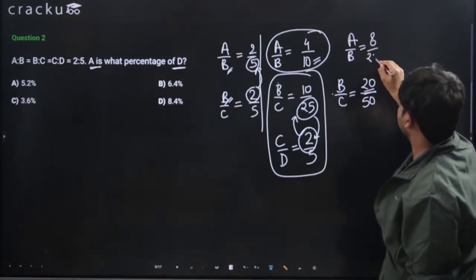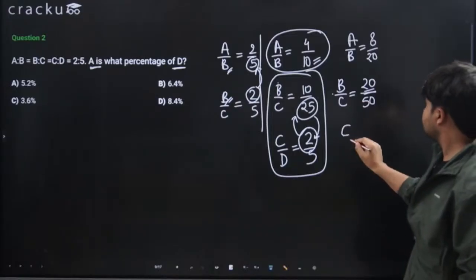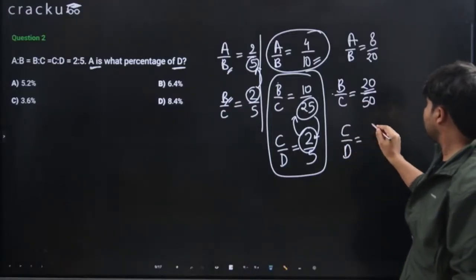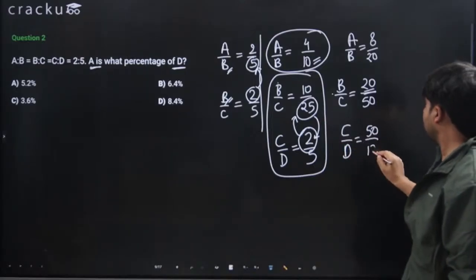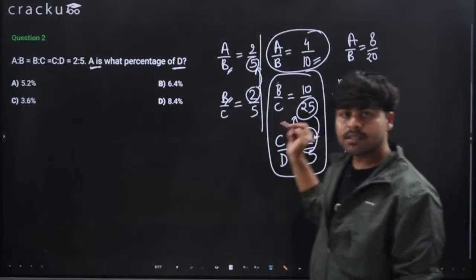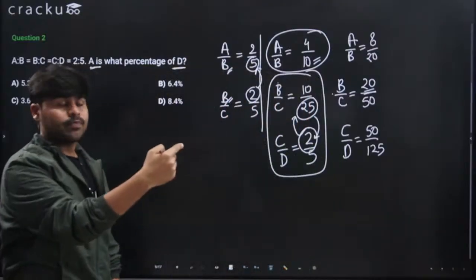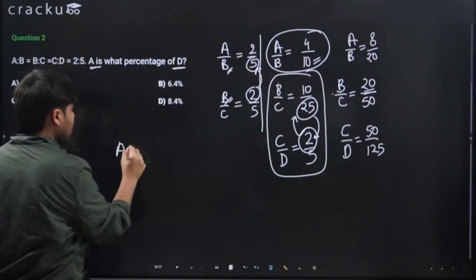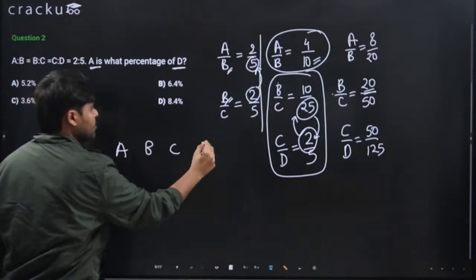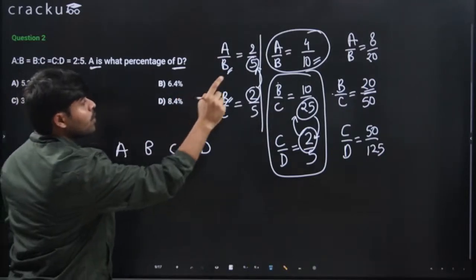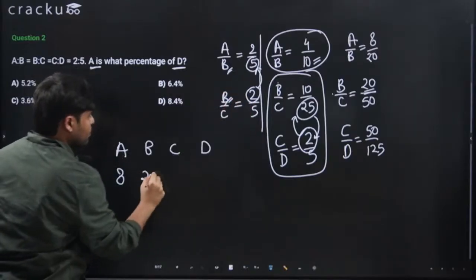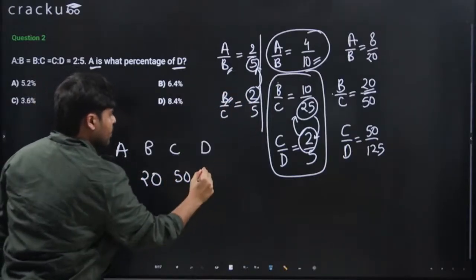We have multiplied by 2 here as well. And lastly, C over D will be 25 times 2, which is 50, and 25 times 5, which is 125. What does this give us? This gives us A, B, C, and D. So A ratio B ratio C ratio D will be 8 ratio 20 ratio 50 and ratio 125.